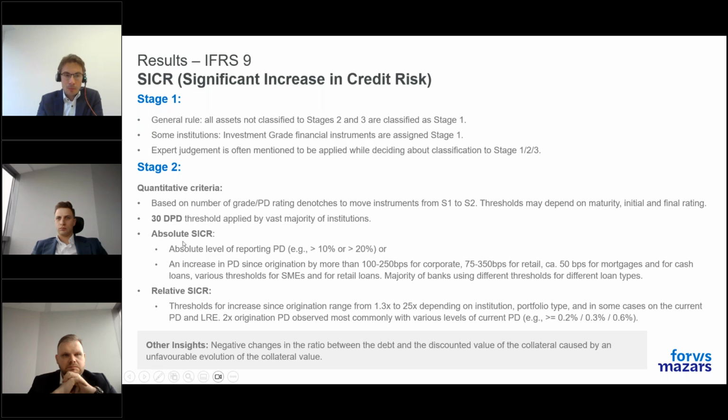With regards to absolute SICR and relative SICR criteria, we saw in the benchmarking study that sometimes the absolute level of reporting PD, for example, above 10% or 20%, is used directly to classify exposures to stage 2, or to determine increase in credit risk.